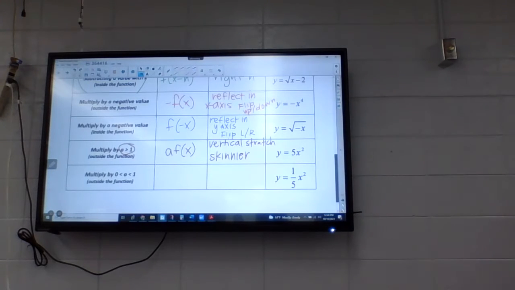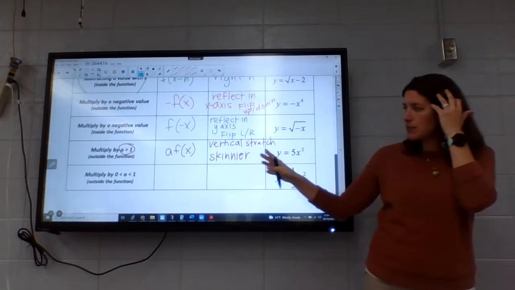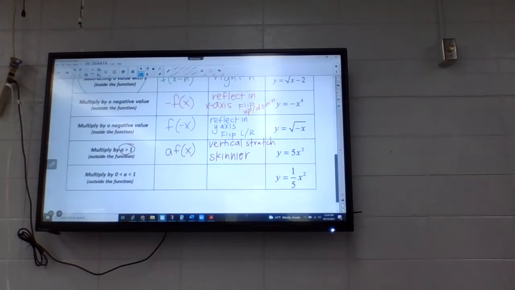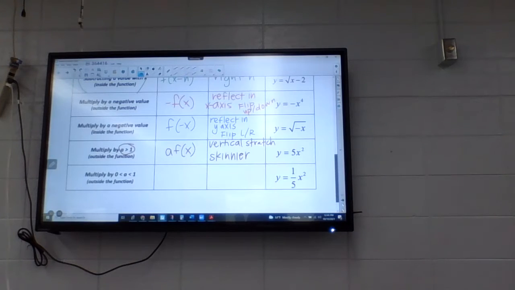So it's a skinnier graph. It gets skinnier, it gets bigger, faster. But when that A value is in between 0 and 1, so less than 1 but bigger than 0, because once it becomes less than 0, then it's negative. Like a half, a fifth, that's a really wide graph. It's like it relaxed.